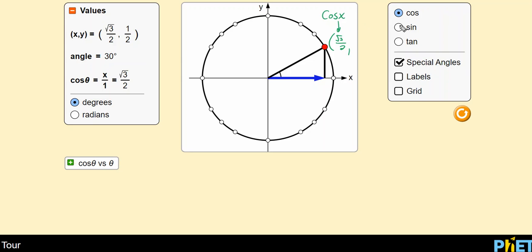So it's set to cos right now, but I can set it to sine as well. So sine, it's saying it's a half. And that should make sense to you too, since we know this from the unit circle. That point there is root 3 over 2 and then a half, and that would be my sine value. Okay, so that's the idea that's happening right now.